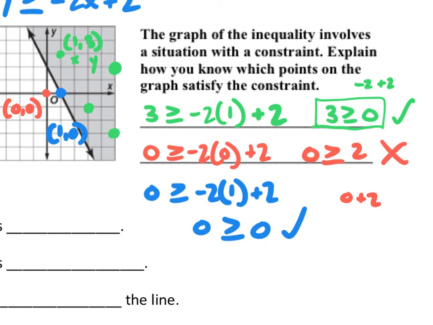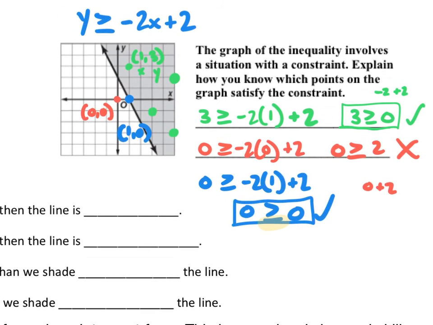If you pick a point on the line, you'll always get the same two numbers, but since the line is solid, there's an or equal to line underneath it, and that's what allows those to work. And that's why if that line would have been dotted, I cannot include points from the line, because 0 isn't greater than 0, but 0 is greater than or equal to 0.